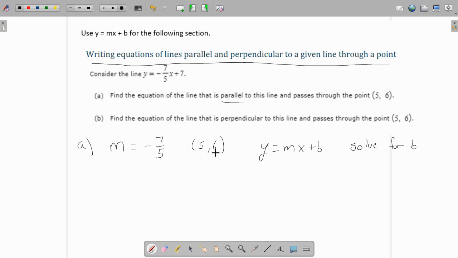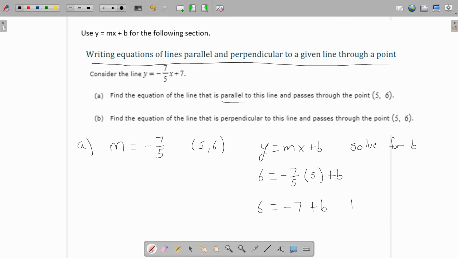Okay, so our y value is right here. It's 6. Our m, and it's a fraction, but they will make this work out nice, and you can use a calculator, times 5 plus b. So on your calculator, if you multiply negative 7 over 5 times 5, you get negative 7.